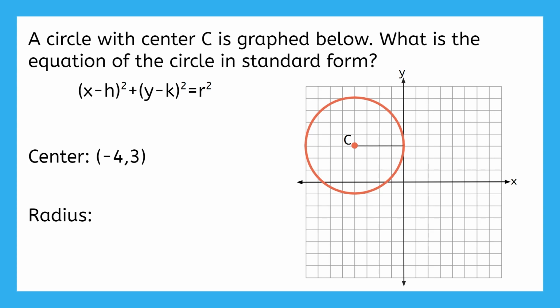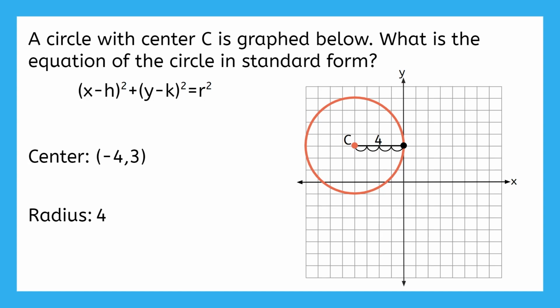Start at the center and move directly right, left, up, or down to find a point on the circle. If I move straight to the right, I wind up at this point. Since I moved directly horizontally, I can count and see that this distance from the center to the point on the circle is 4 units. If you'd prefer, you could also use the distance formula to find the radius instead.